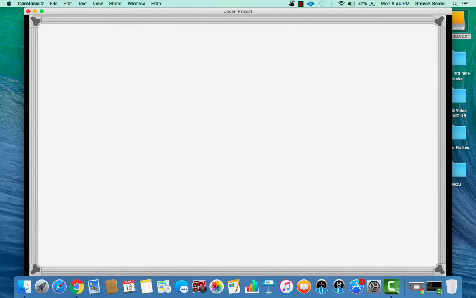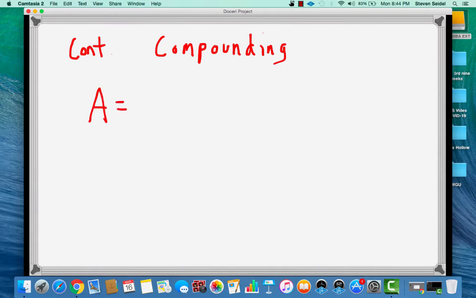So here is continuous compounding. All right, so the formula still has the amount accumulated equals our principal amount, but because everything is becoming more and more, it continuously just accumulates.